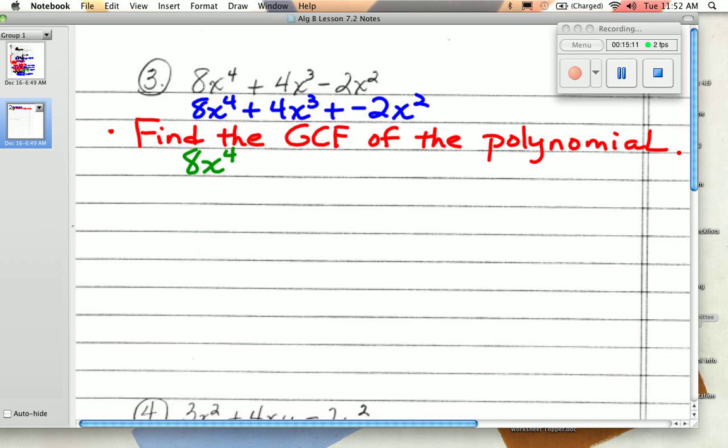I'm so used to just doing this all in my head. We're looking for the GCF first of all of the number parts: GCF of 8, 4, and -2.